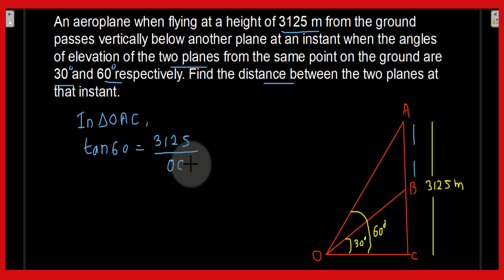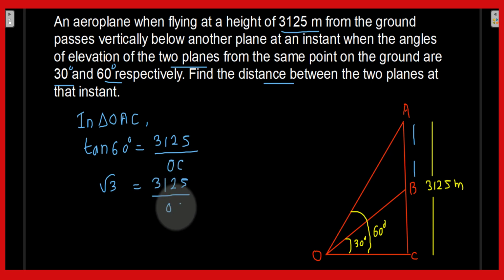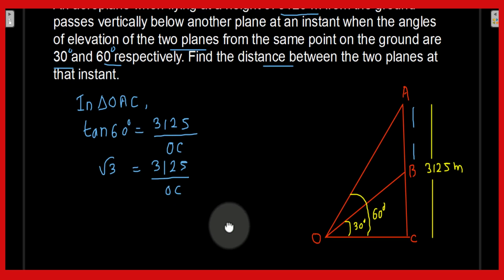Now friends, the value of tan 60 is root 3. So root 3 is equal to 3125 upon OC. Now solve this further.